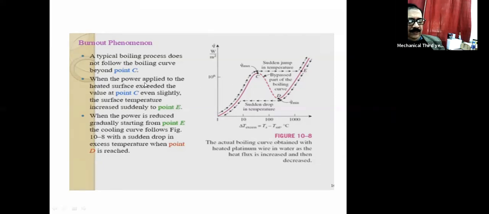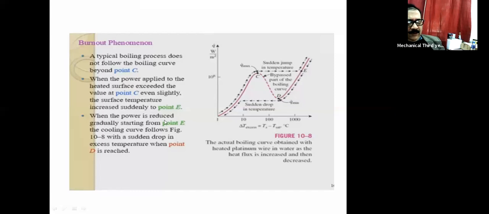When the power applied to the heated surface exceeds the value at point C slightly, the surface temperature increases suddenly. You will see there is a jump in temperature, which actually should have come along the curve over this temperature difference, but instead there is a sudden jump to this particular point E.